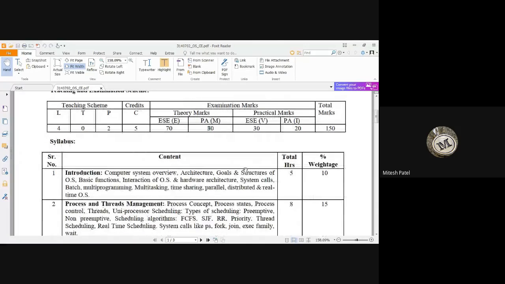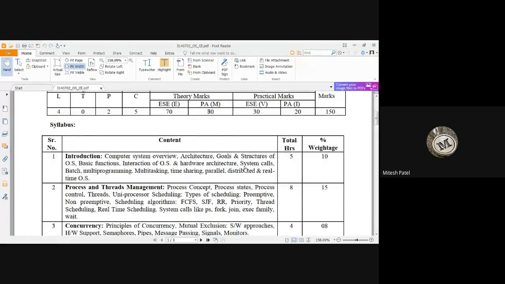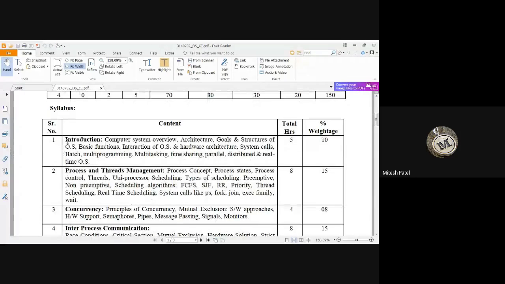Next, let's talk about the content of operating system. The first unit is the introduction unit, in which we are going to learn what you mean by computer system, what are the software and hardware requirements to run the computer system, architecture of the operating system, what are the goals and structure of the operating system, basic flow of communication in operating system, then types of operating system, history of operating system.